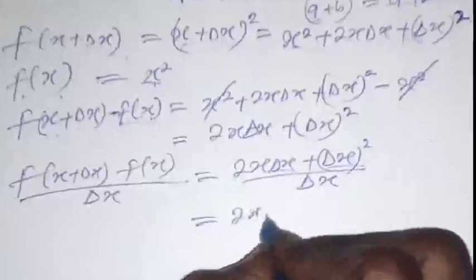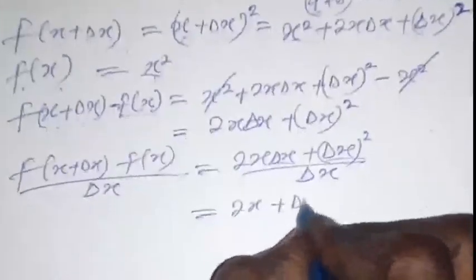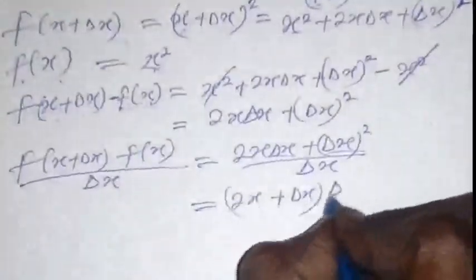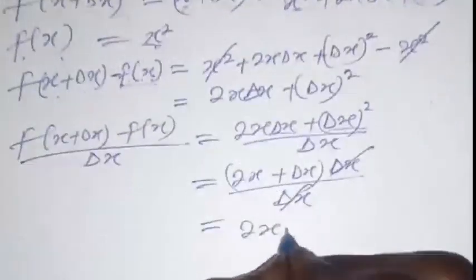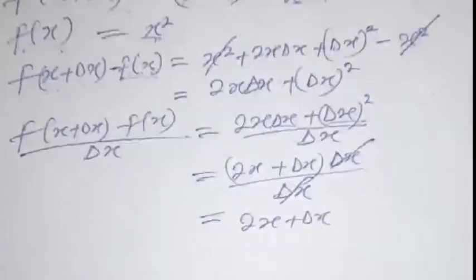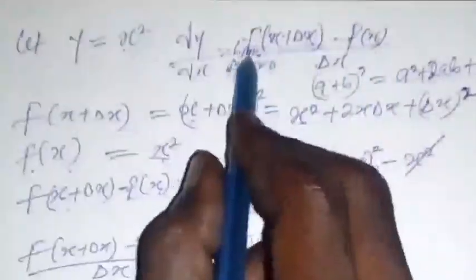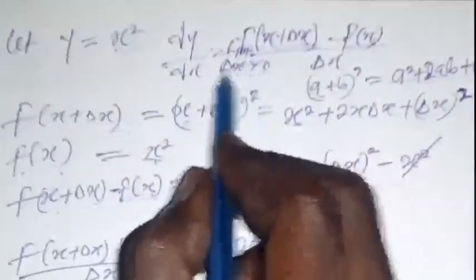We have 2x plus delta x all over delta x. This delta x cancels this, and it is equal to 2x plus delta x. Then we apply our limiting value, delta x tends to 0, to find dy dx.